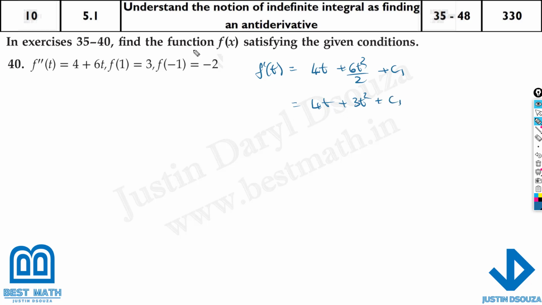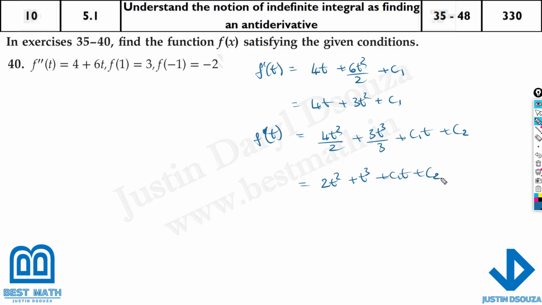I can't use any of these conditions to find the C1, so I directly do the second integration. So it'll be f of t, that is 4t power 2 by 2 plus 3t power 3 by 3 plus C1 times t plus C2. When we simplify, it's going to be 2t squared plus t to the power 3 plus C1t plus C2.